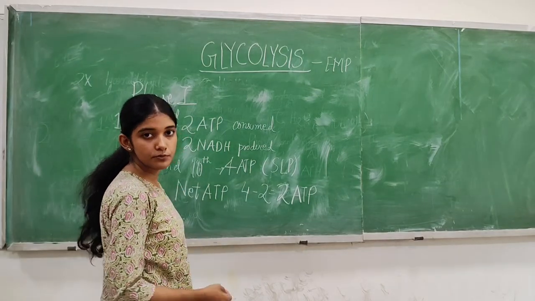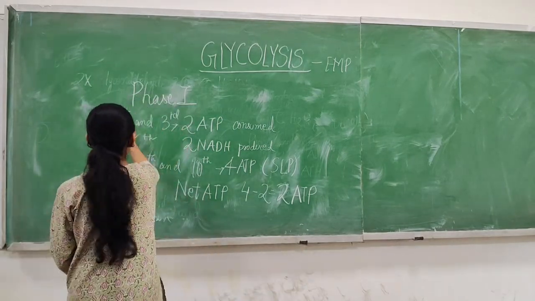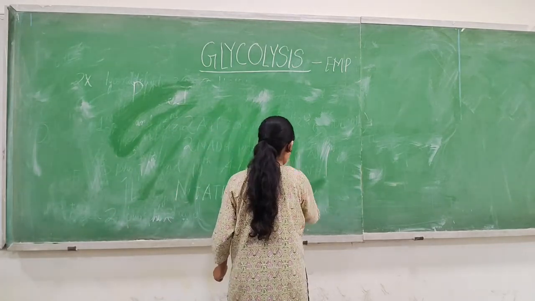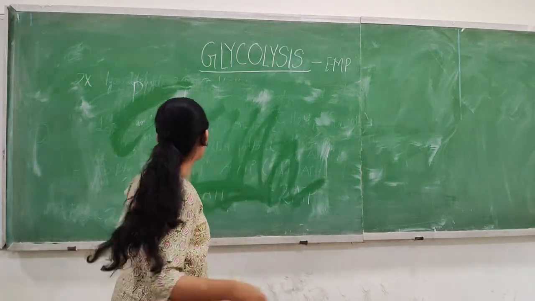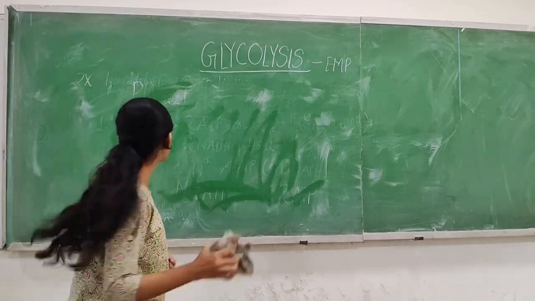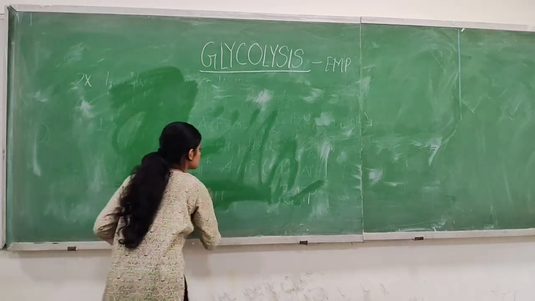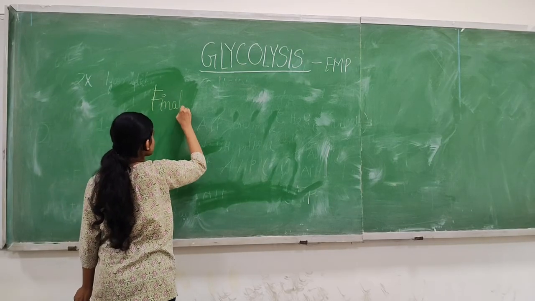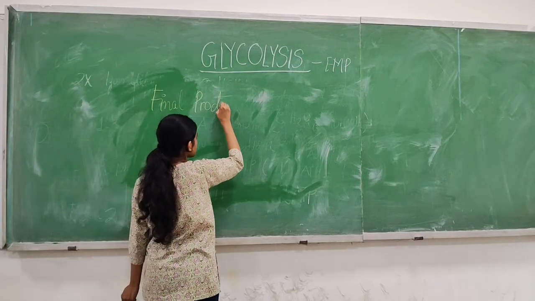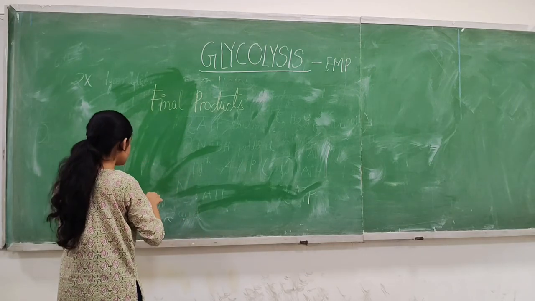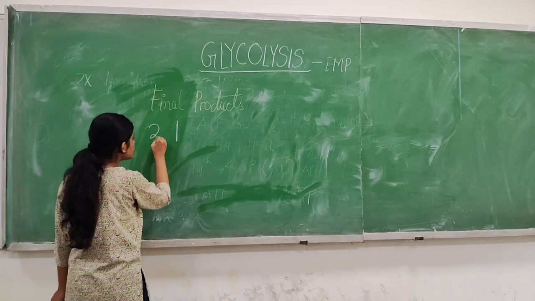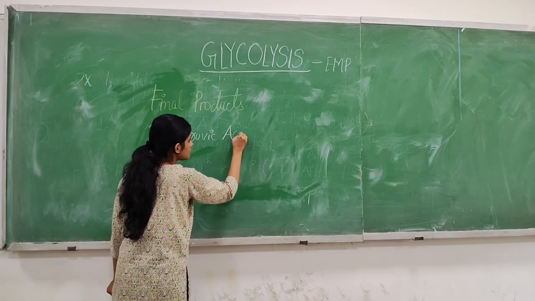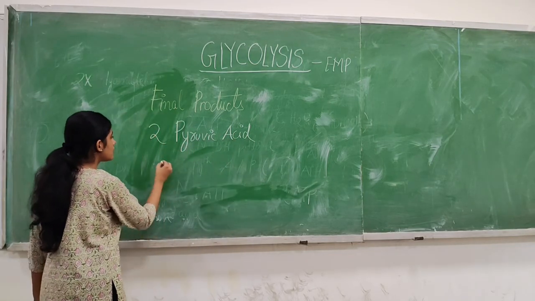Alright, now we will be seeing the final products of glycolysis. Two molecules of pyruvic acid are formed in the 10th step.